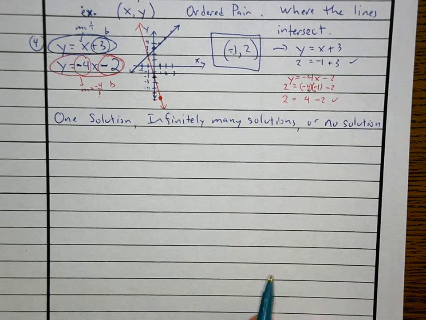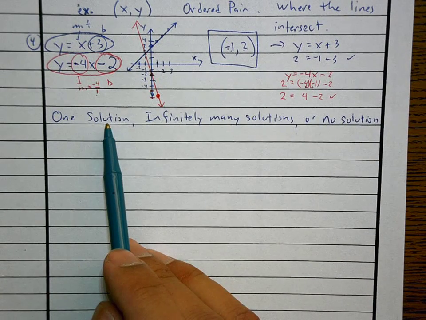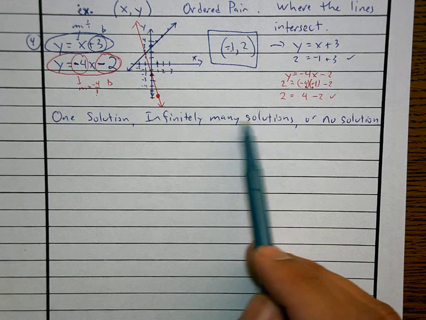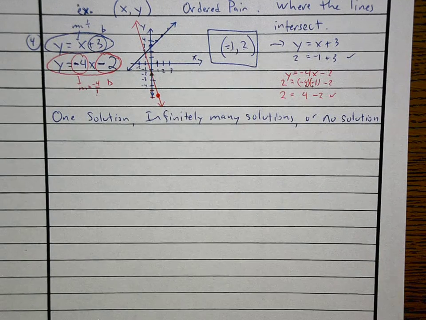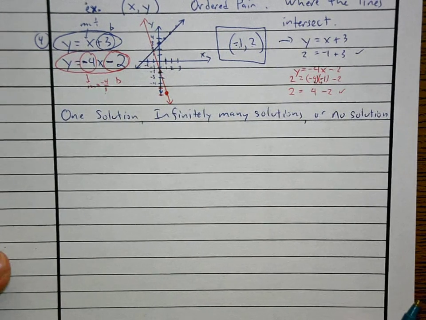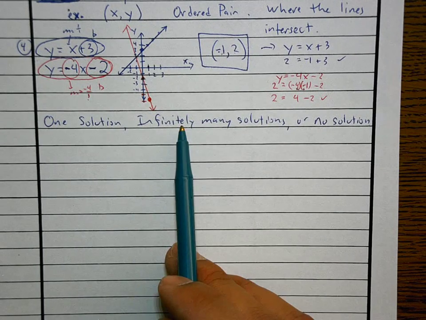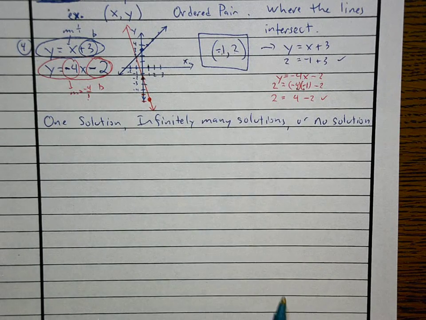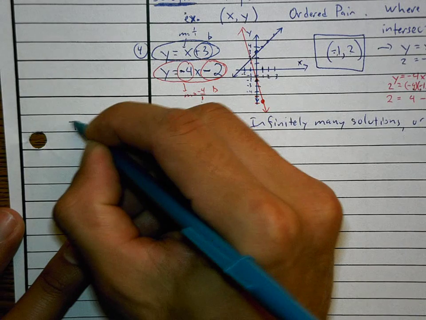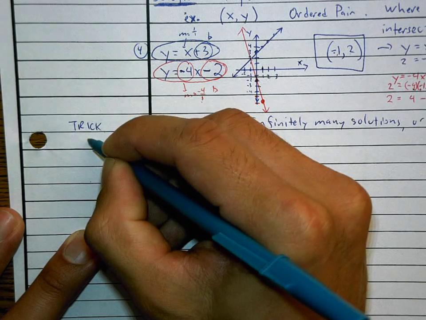This says one solution, infinitely many solutions, or no solutions. This is what your directions literally say on the back side of your worksheet. What I want you to think of is that when you see this title, one solution, infinitely many solutions, or no solutions, you need to think these are possible trick questions.